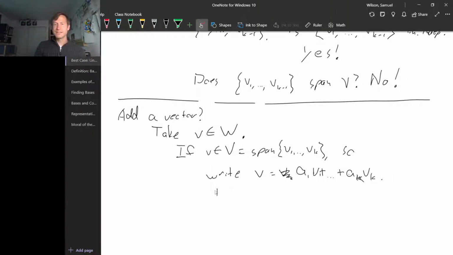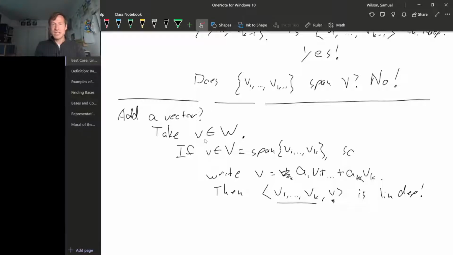And in this case, the collection of vectors v1 up through vk together with v is clearly linearly dependent, because this last vector is a linear combination of the ones that came before it. So that's a clear case of linear dependence. If you wanted to write down a non-trivial linear dependence relationship, you could just move v to the other side, and that would give you a non-trivial linear dependence relationship.